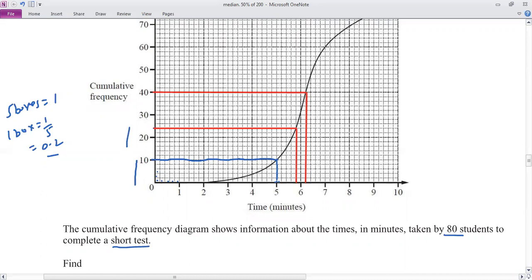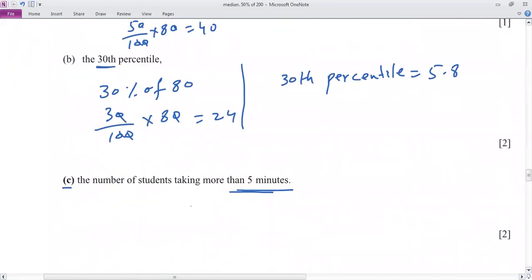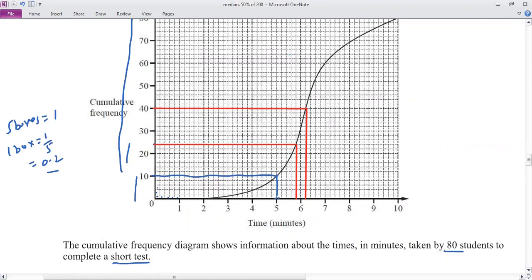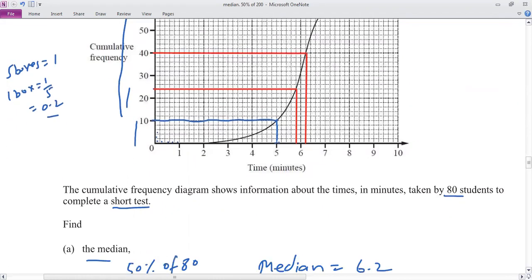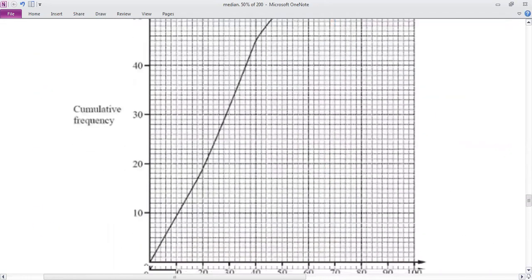So total is 80, and 10 are taking less than 5. So it will be 80 minus 10, the remaining will be 70. So 70 students take more than 5 minutes. Even from the curve you can check. Please confirm, is it clear? Yes, sir. It's very easy, you just have to remember the formula.